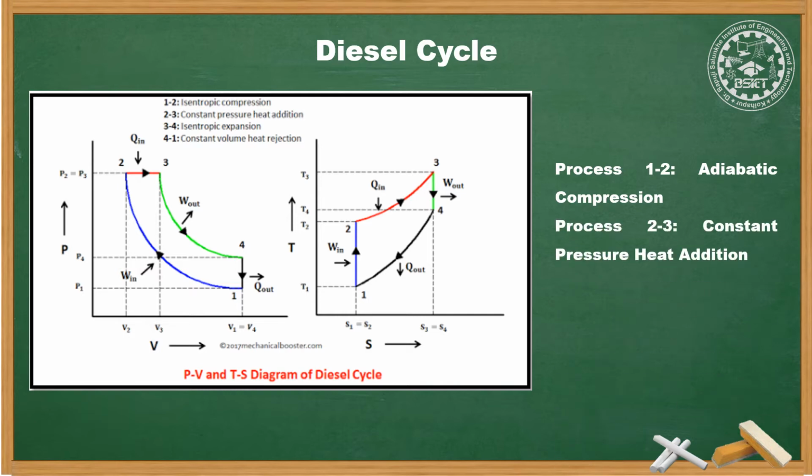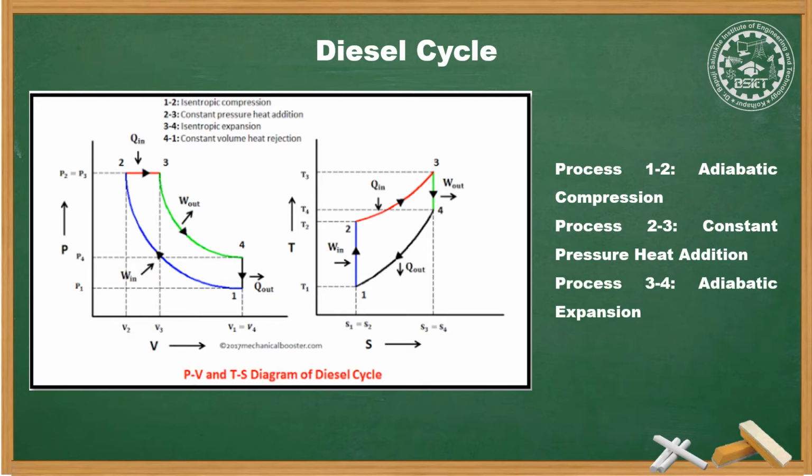Second is process 2 to 3, shown by the red line in your PV and TS diagram. This is the constant pressure heat addition line. In this, at constant pressure, heat is added to the compressed air from an external source.